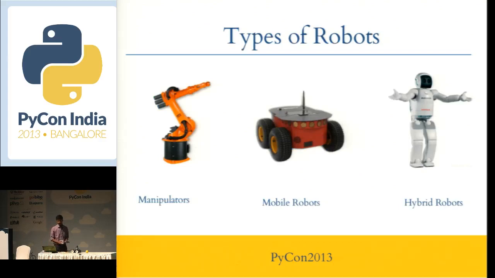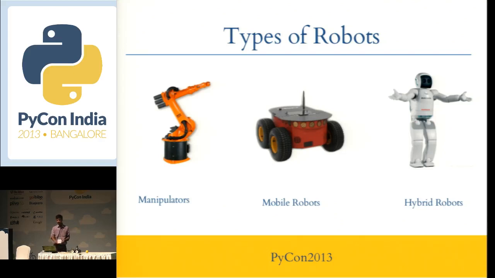There are 3 types of robots. First is manipulators. It's also called a robotic arm, like our hand. It's mainly used in industries, for manufacturing automobiles, for welding. This is an industrial robot mainly for welding.